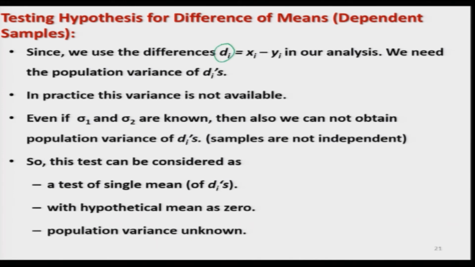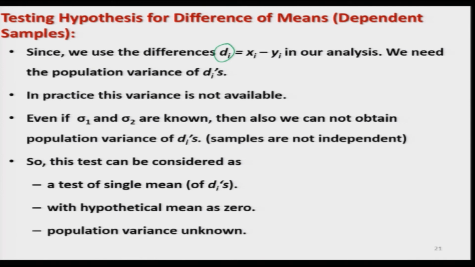So that is why we need the mean and variance of this di, and in practice this variance is unknown to us. Even if sigma 1 square and sigma 2 square are known to us, finding the variance of this new random variable xi minus yi might be complicated, because the samples are not independent.